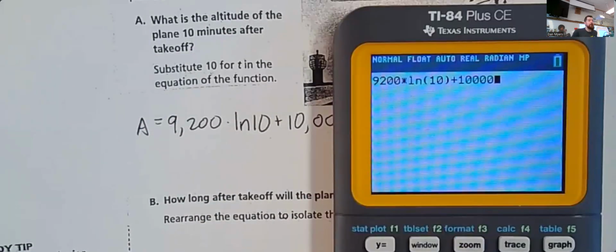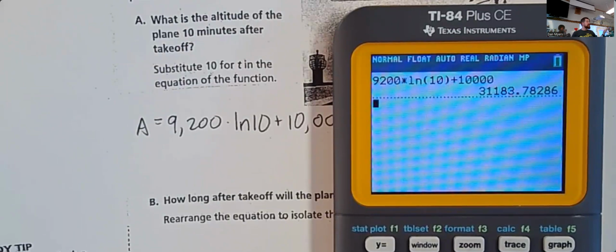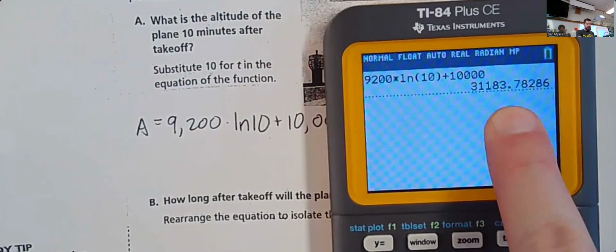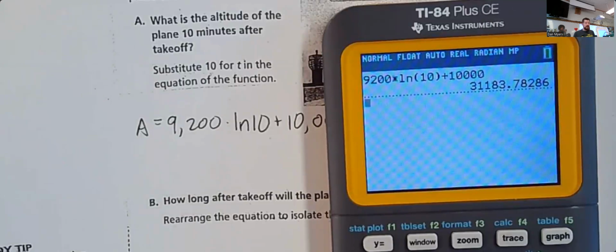What do you get? Yeah. Which, I mean, anybody ever been on a flight before? If you have, you know that on takeoff, you increase pretty quickly, and then it starts to level out after a little while. So 10 minutes into a flight, 31,183.78 feet, that seems to make pretty good sense.